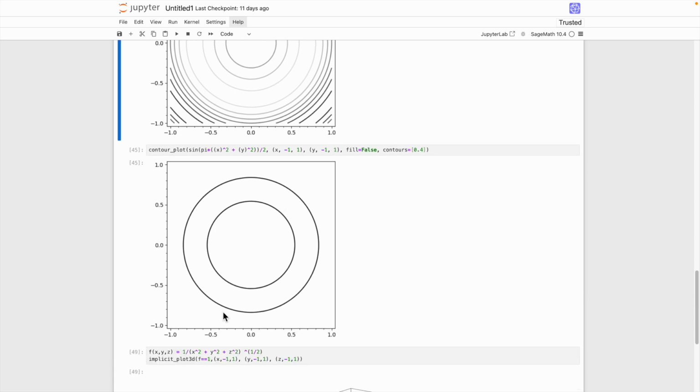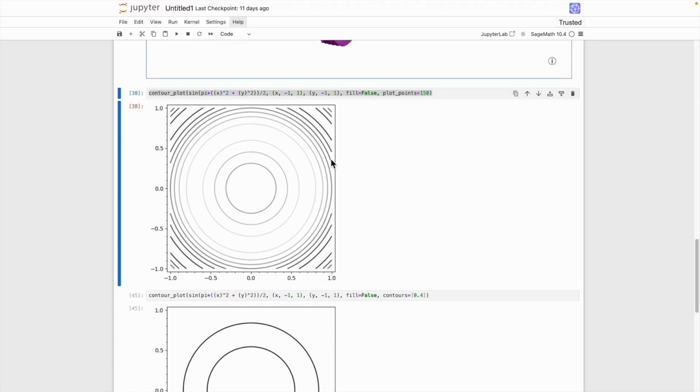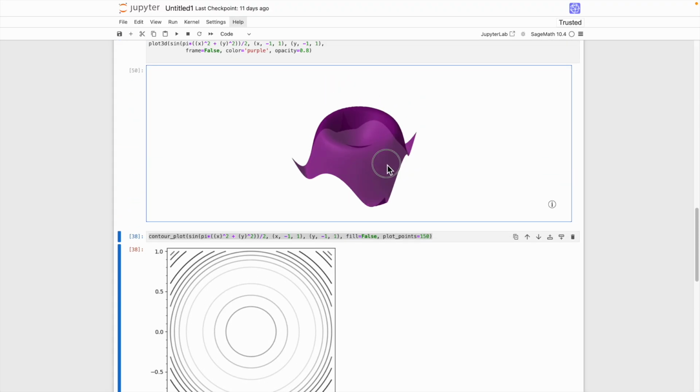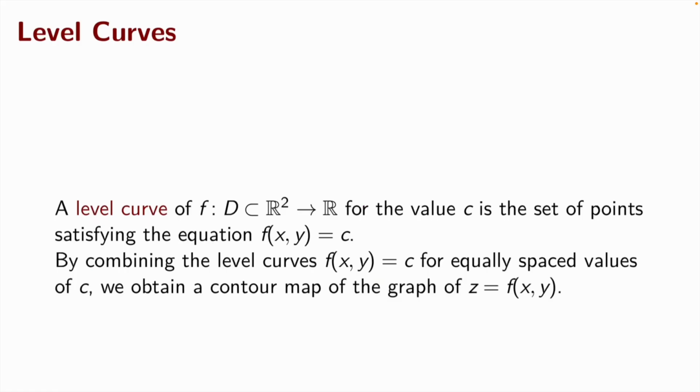Here we have an individual level curve for the value of z 0.4, and here we have many level curves, the result of intersecting this surface with different heights of horizontal planes. So when we combine all the different level curves for different values of c, what we obtain is what is called a contour map of this graph.